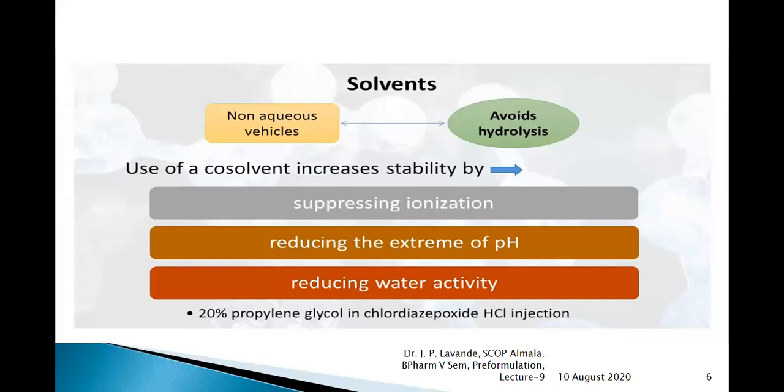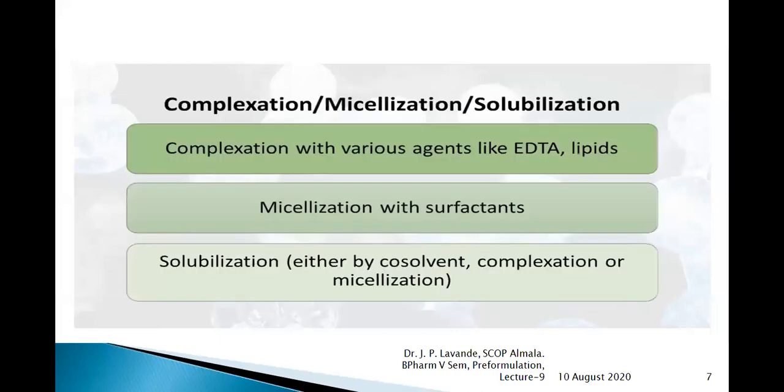They increase the stability either by suppressing the ionization, or by reducing the extremes of pH, or by reducing the water activity. And this is the reason why 20% propylene glycol is added in chlordiazepoxide hydrochloride injection as a co-solvent for the above purposes.